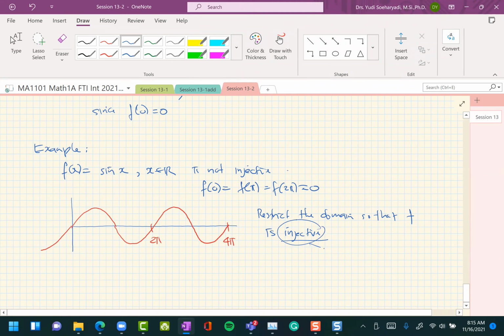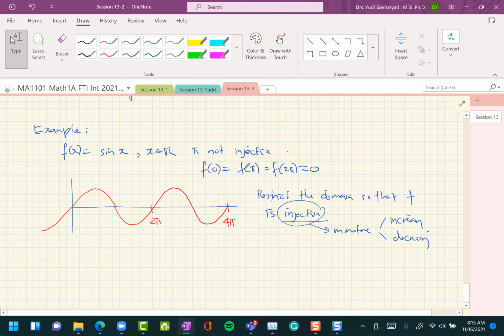So injective in this case is monotone, so either increasing or decreasing. How do you choose whether it is increasing or decreasing, only increasing or only decreasing?